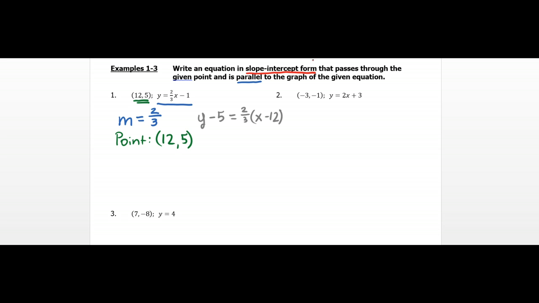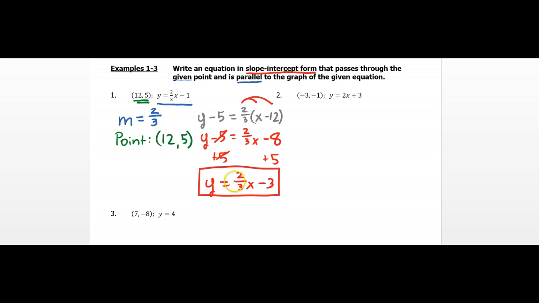So the last thing we need to do is translate this equation to slope-intercept form by distributing this 2/3 and then adding the 5 over. So the slope-intercept form of this line would be y equals 2/3 x minus 3.